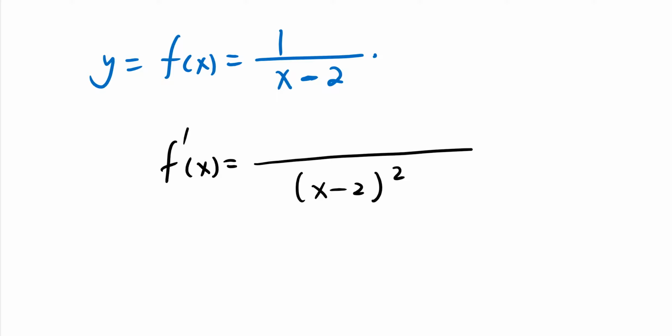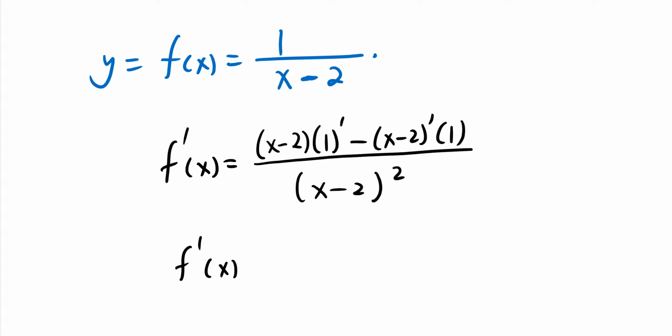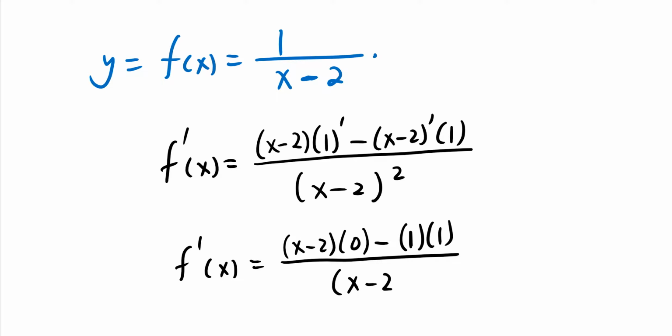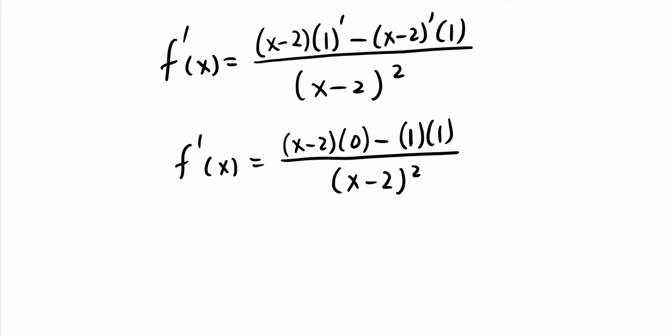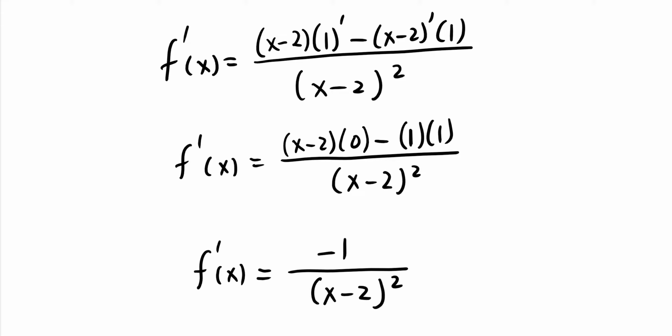The quotient rule says you square the denominator, times the derivative of the top minus the derivative of the bottom times the top one. So let's see what we get here. The derivative of 1 is 0, so x minus 2 times 0. The derivative of x minus 2 is 1 minus 0, so 1 times 1, and keep this the same. Then f prime of x equals 0 minus 1, which is negative 1 over x minus 2 squared.